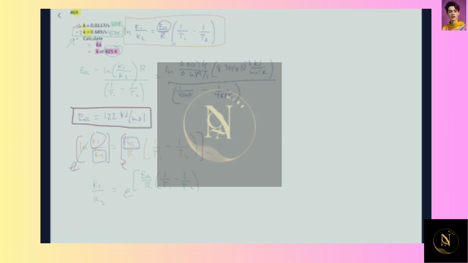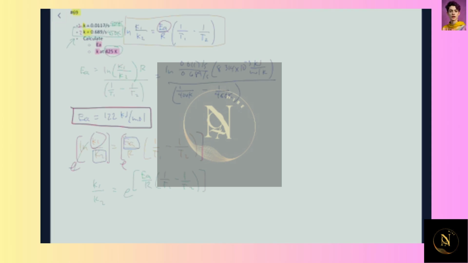You could have plugged in numbers before you rearrange the whole thing, but I prefer dealing with the variables before plugging in the numbers. Now I have K1 over K2 on the left side, but I only want K1 on the left side.